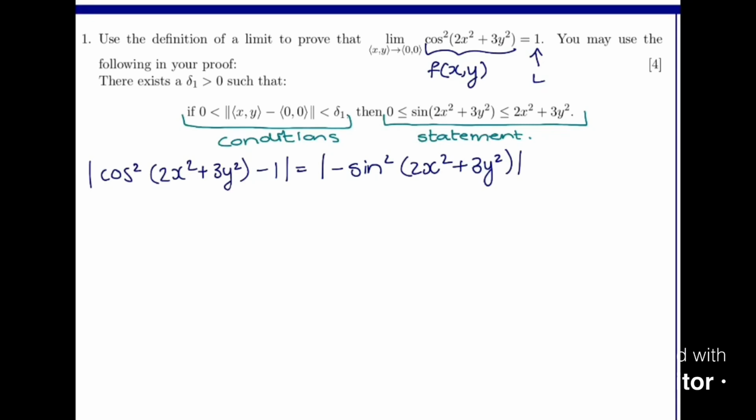And because I want to use the properties of sine, I'm going to split this sine squared into a sine multiplied by a sine. That's why I don't get rid of the absolute value, even though I know that sine squared is positive. So I'm just going to split this up into 2: the absolute value of sine of (2x squared plus 3y squared) multiplied by itself.